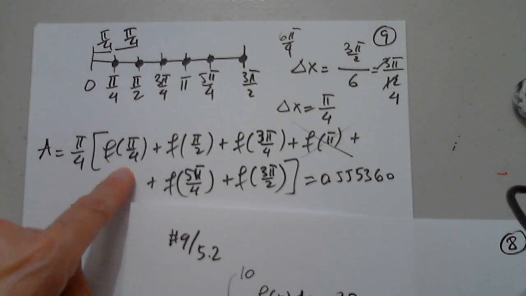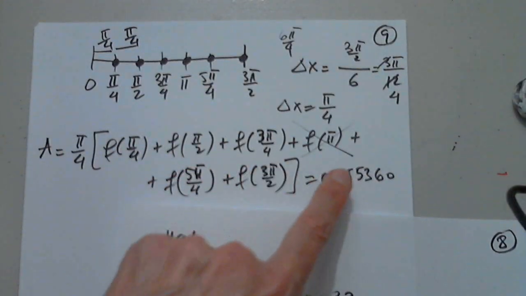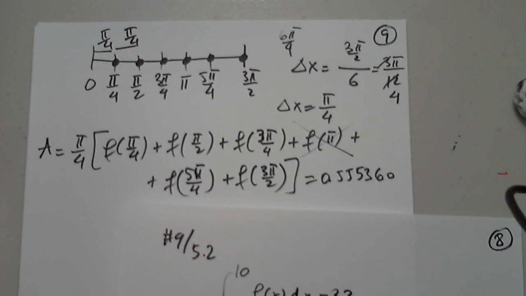F of pi over 4, f of pi over 2. Maybe I should do this calculation one more time. Maybe I didn't enter something correctly. It's always possible.